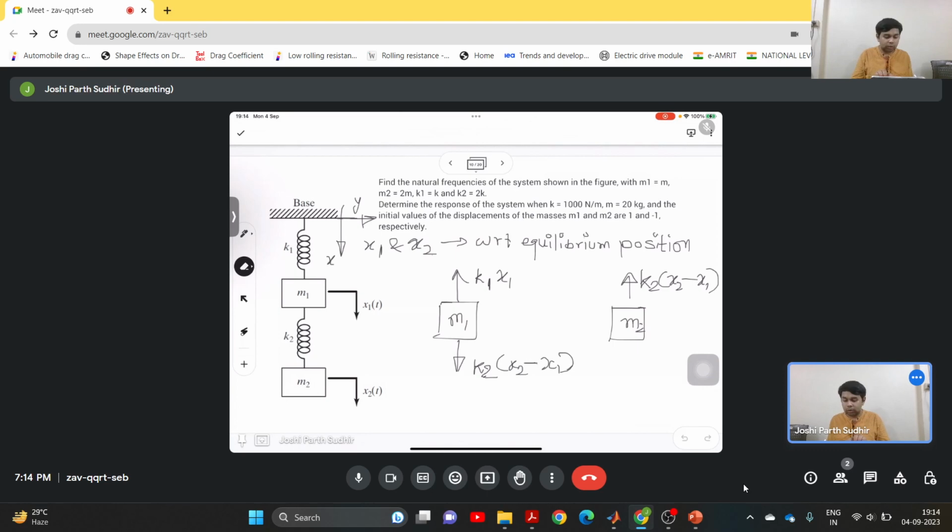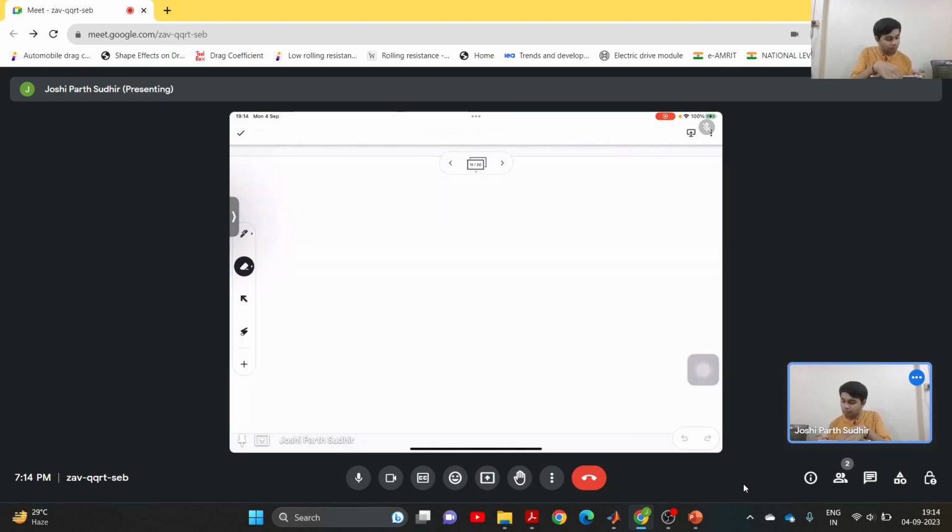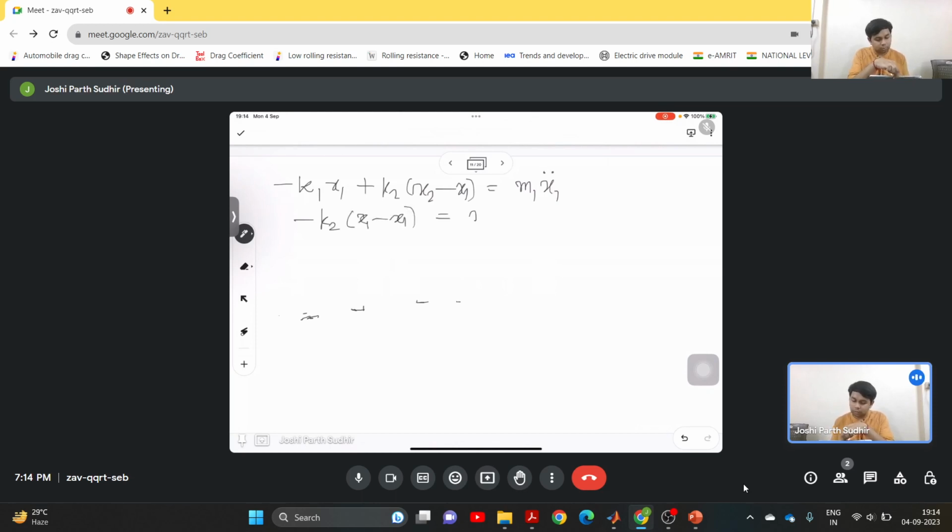We get minus K1 x1 plus K2 (x2 minus x1) equal to m1 x1 double dot, and similarly minus K2 (x2 minus x1) equal to m2 x2 double dot.